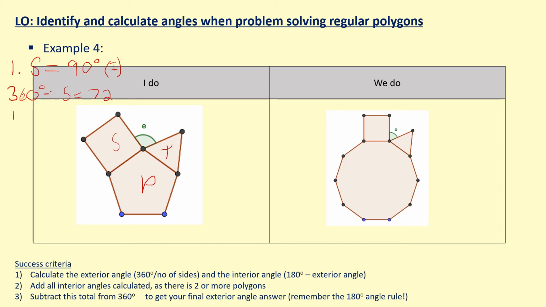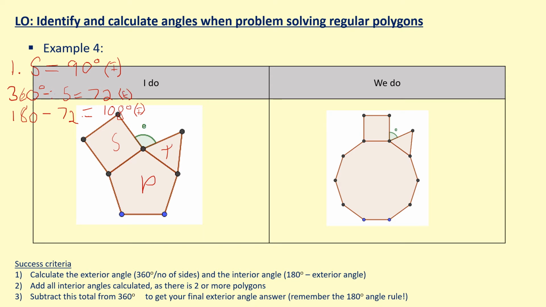And we do 180 take 72 equals 108. Yeah, and we know that's our interior angle for the pentagon. Remember, this part above was our exterior, the first bit that we do working out.